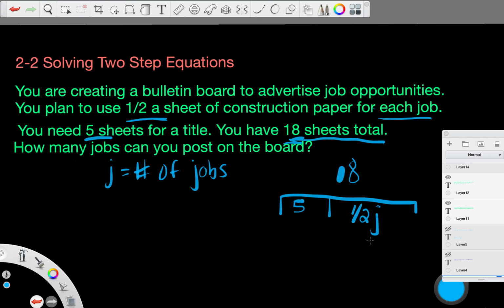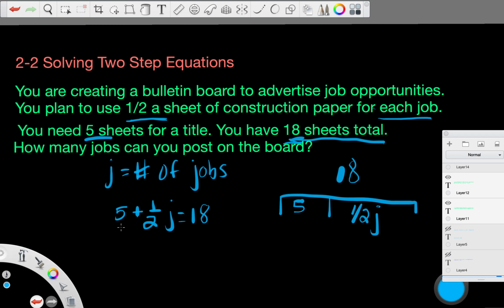So we're going to turn this into an equation, and we're going to solve and find out how many jobs we can post. I kind of wrote it out already right here. We know that 5 plus this 1/2 j has to equal 18 total sheets, right? I want to get this j alone. I have this 1/2 right next to it, and then I have this 5 off to the left.